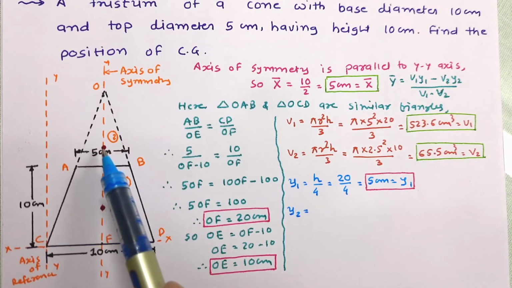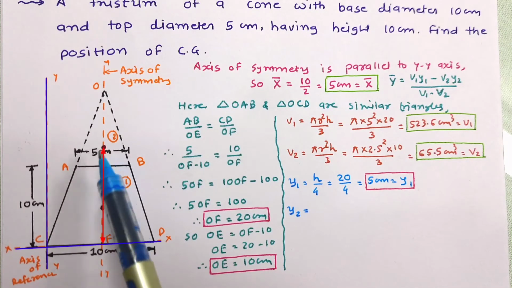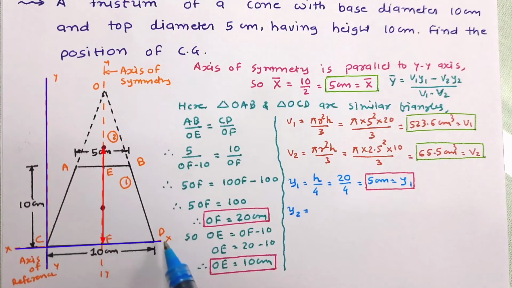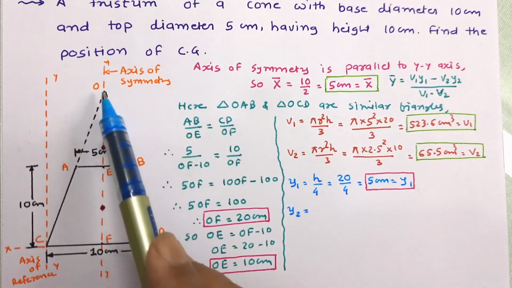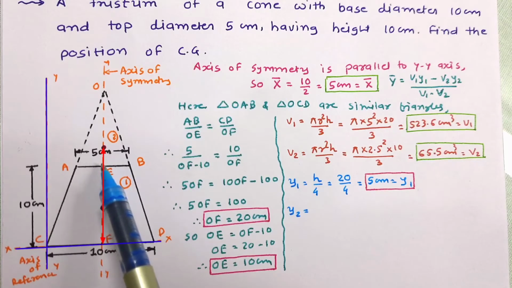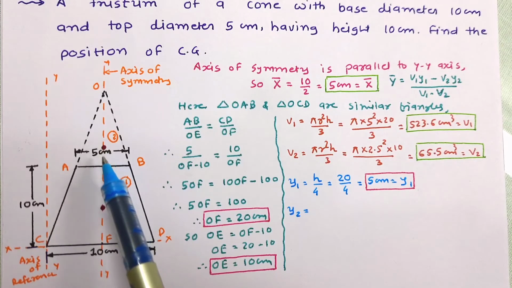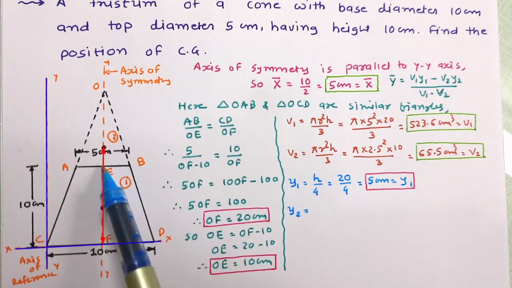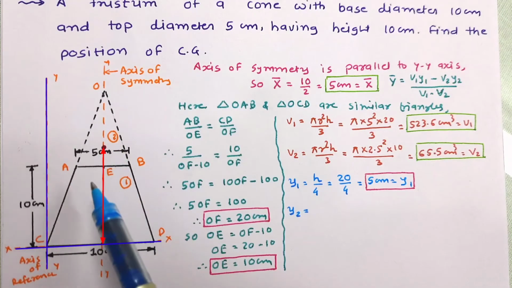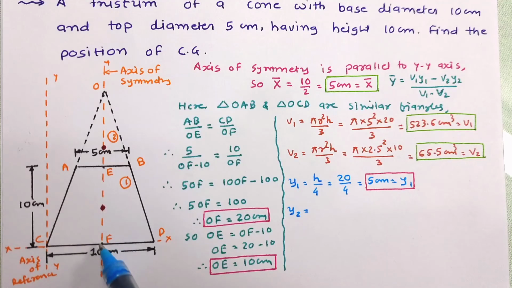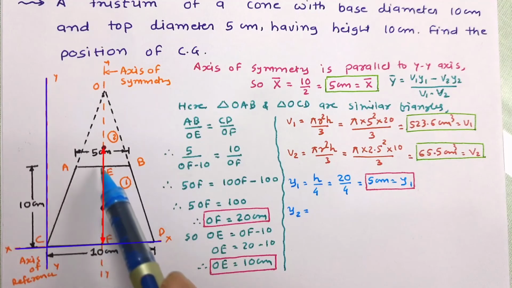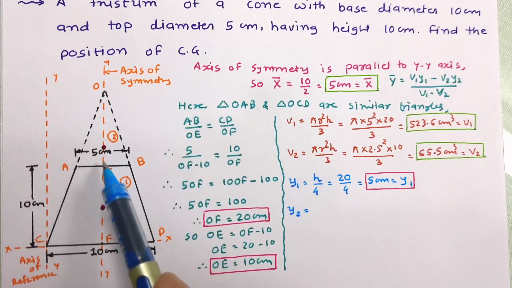Y2 is the distance of the centroid of the second object from the reference x-axis. The height of this top cone is 10 cm. So the distance of the centroid of this cone from its base will be h by 4, and this distance is known to us. So the total distance will be 10 plus the height of this cone divided by 4. Let us write it.